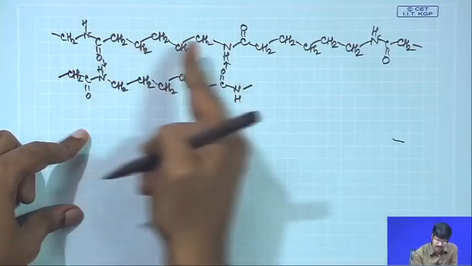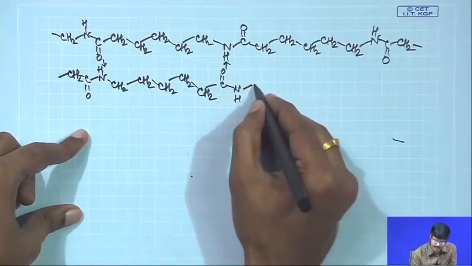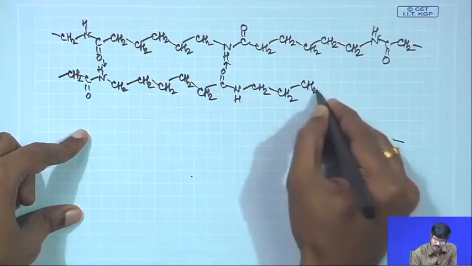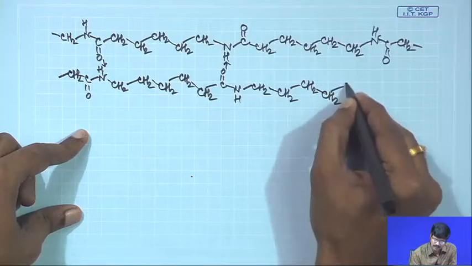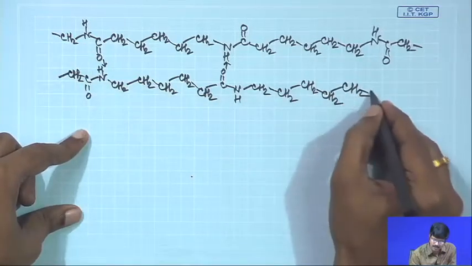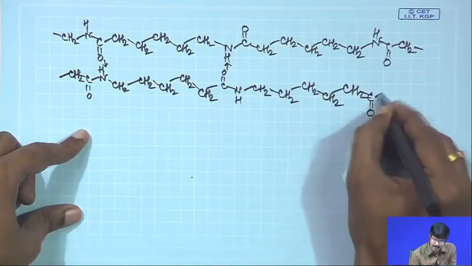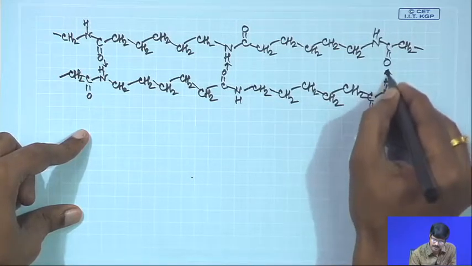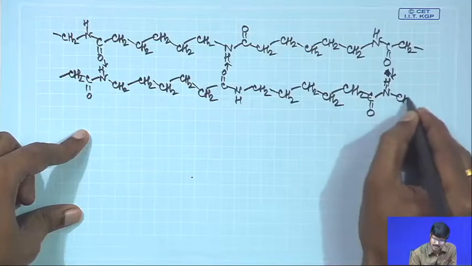So, you are going now towards this direction here. So, you have 5 CH2 units, 1 2 3 4 5, and then again you have a carbonyl which is here, and then again you have an NH unit which is here. Sorry, the arrow should be like this, and CH2.